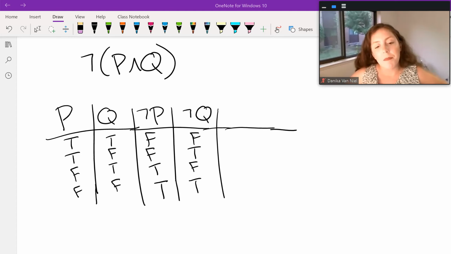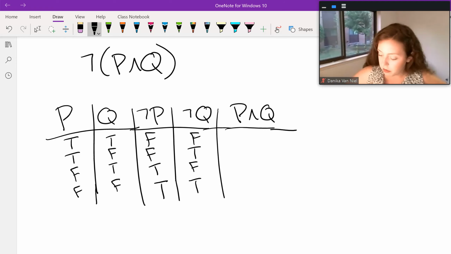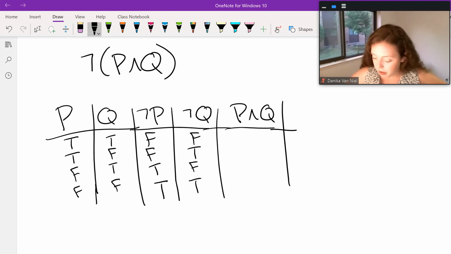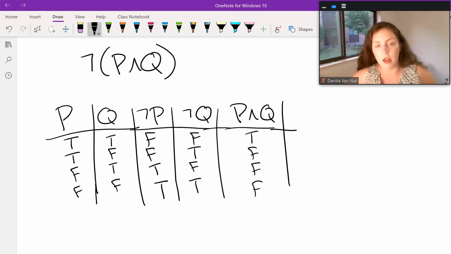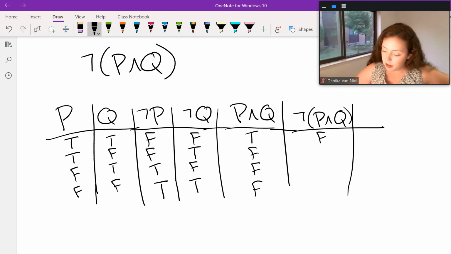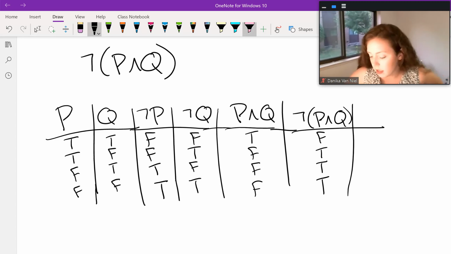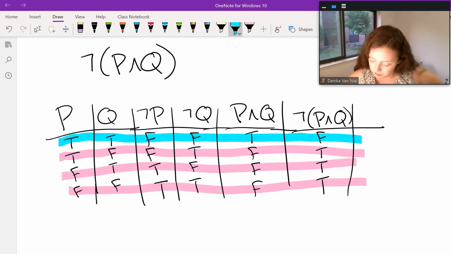To negate P and Q, why don't we just figure out what P and Q looks like, and then we can negate that. So you might remember this from last class, but both of them need to be true, so the only one that's true is the first line. Okay? So if I'm going to negate this statement, then that's going to be false, and the rest are going to be true. So something you can think to yourself is, well, what is this logically equivalent to?